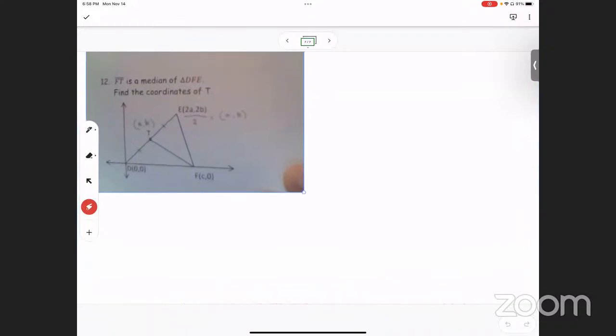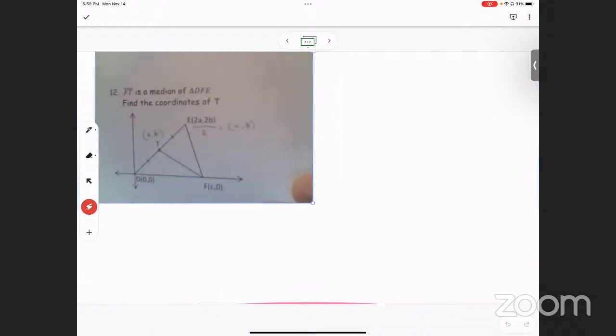All right. FT is a median of DFE. Find the coordinates of T. Oh, classic.